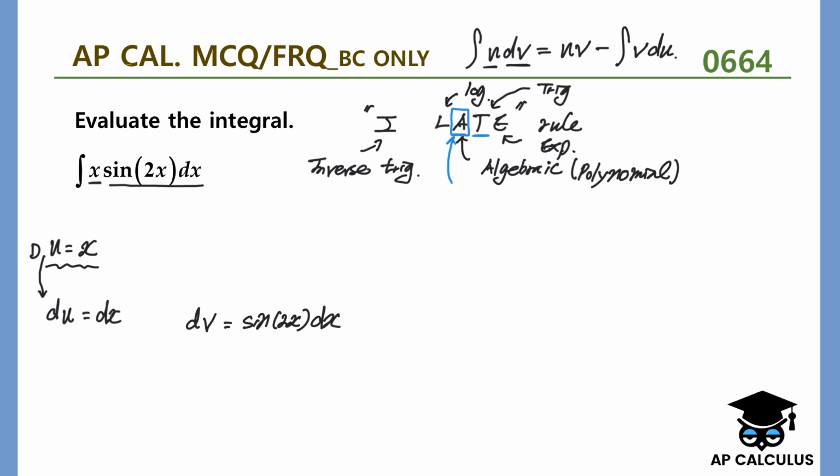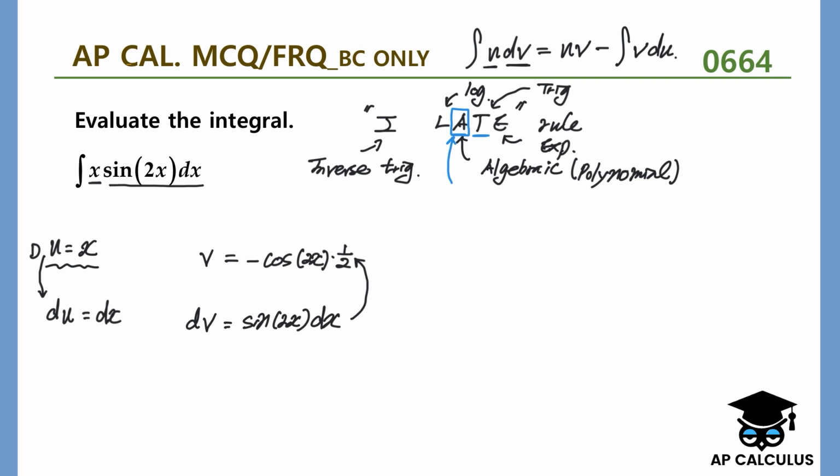And we have to find v now. V is equal to the antiderivative of sine 2x, which is negative cosine 2x times 1 over 2.